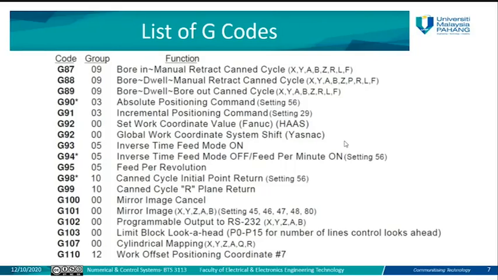Each CNC machine comes with its user manual or instruction manual. Inside this manual, they define which codes can be used, which codes are supported, and so on. So it's not for all types of machines, and not for all types of microcontrollers used with CNC machines.